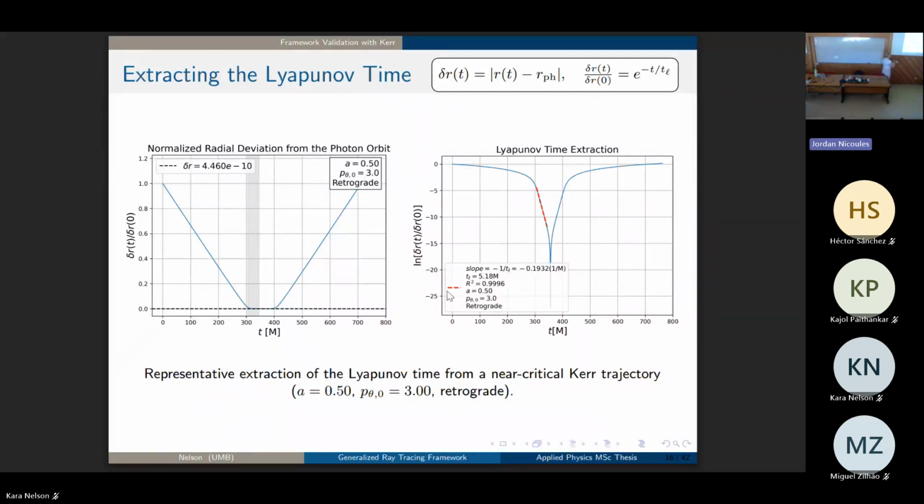We're calling it TL, and people call it lambda. This is really important not only in quantifying the instability of the region, but also in gravitational waves, where you can connect it to the quasi-normal modes. This is just an example abstraction of how we do it, but we do it for very many different trajectories, and we've seen a very nice result with at least Schwarzschild, and been able to calculate what that is, because that's a known quantity.